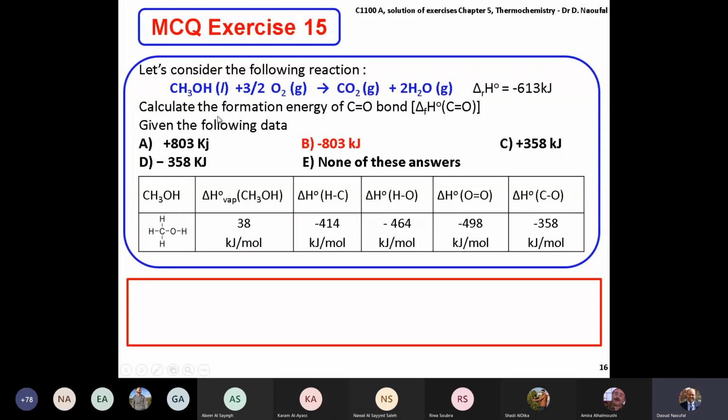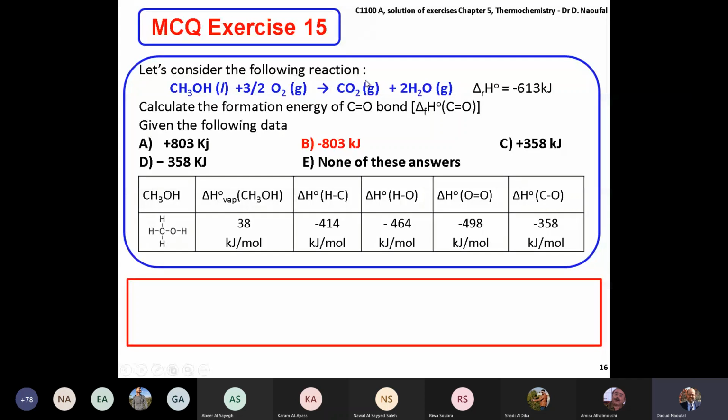He asked to calculate the bond energy of formation of C double bond O, noted delta H0 CO. In some books they use the term F, and I prefer to use directly delta H0 of the bond CO. The student will apply directly delta H of the reaction equal bond energies of formation of products minus reactants, and then calculate delta H0 of CO.